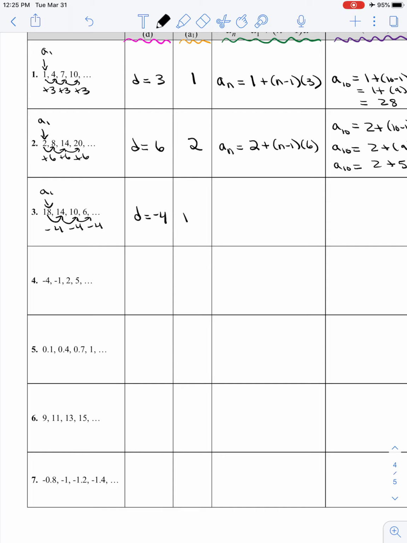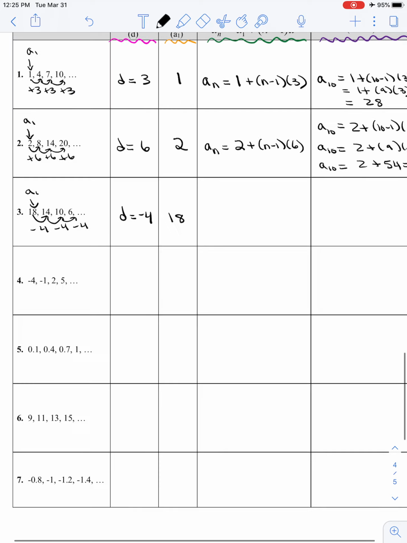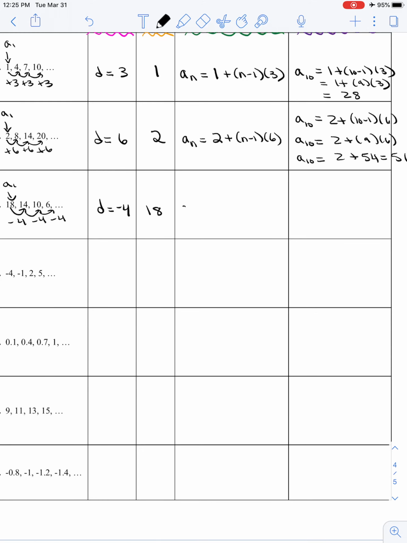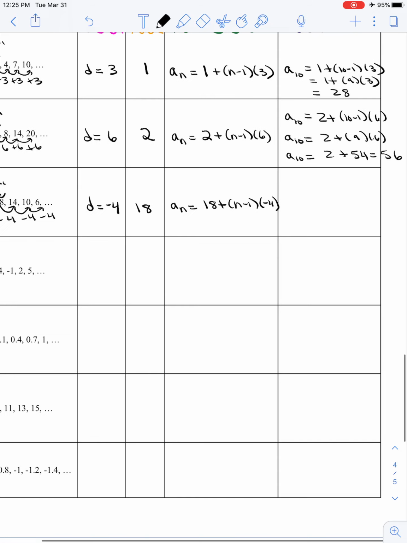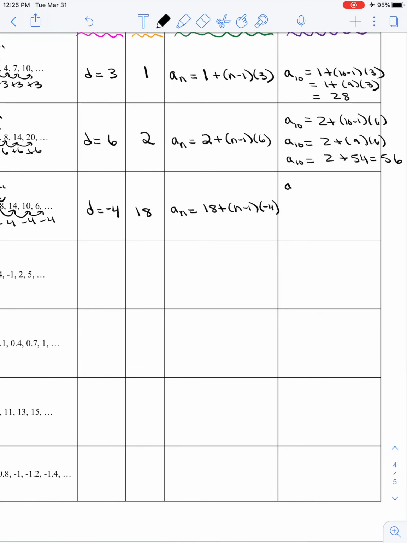My first term is an 18. And now I want to write my equation. So a sub n equals the value of my first term plus n minus 1 times d. And now lastly, I'm asked for the value of the 10th term. So 18 plus 10 minus 1 times negative 4.